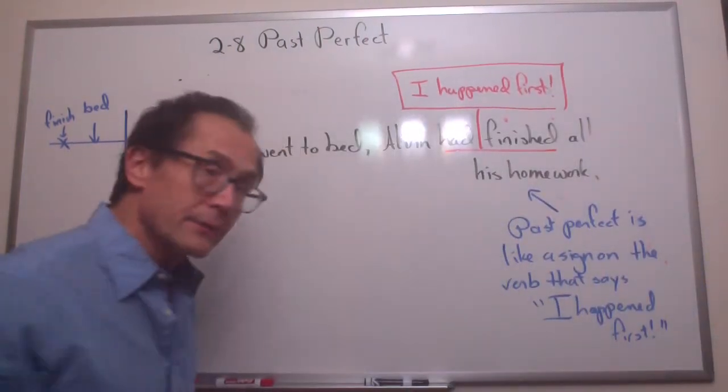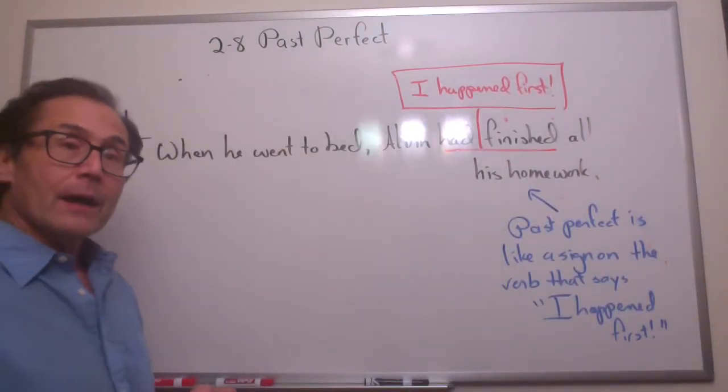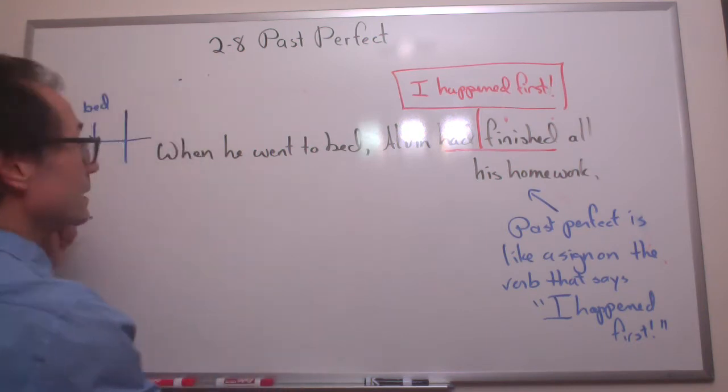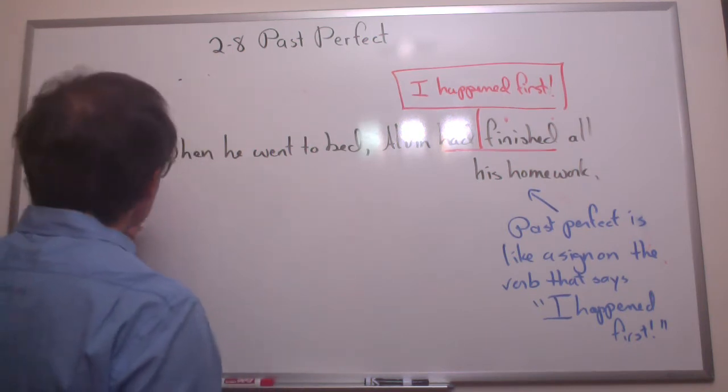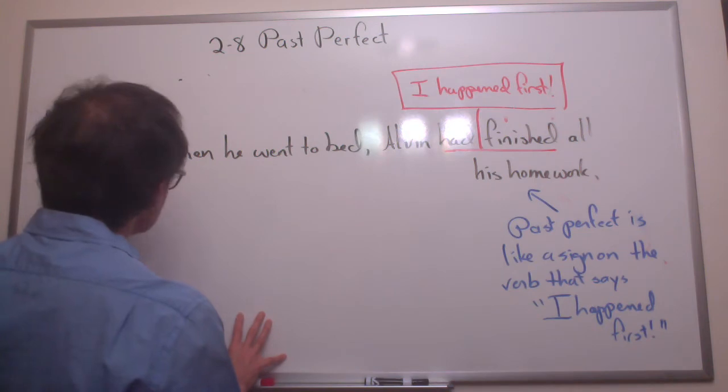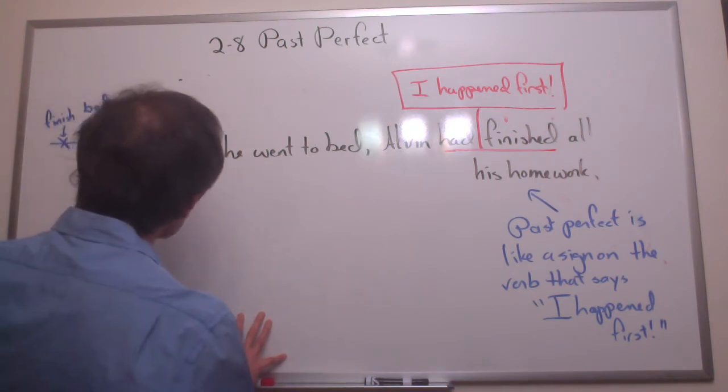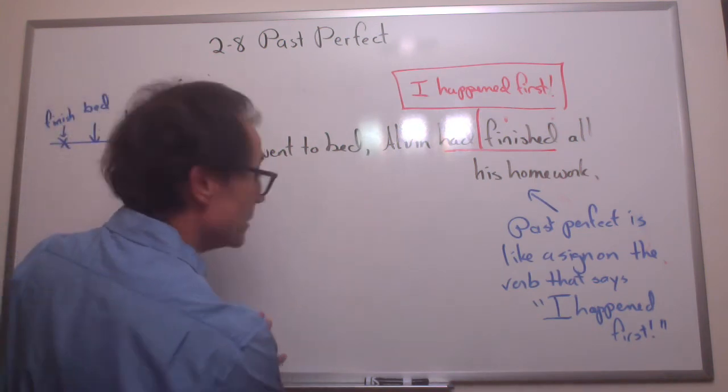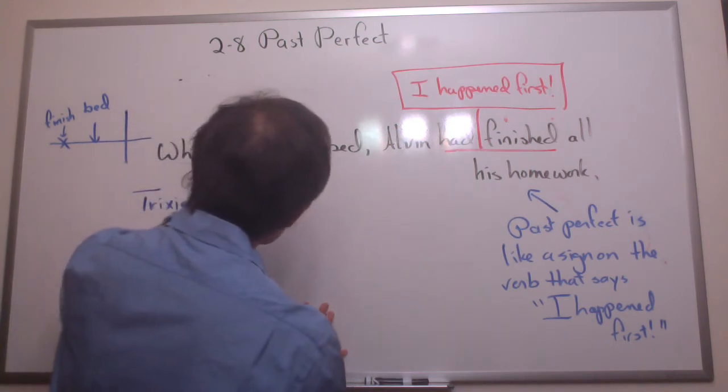So let's look at another example, okay? Let's see here. So Trixie, is a woman's name, by the way, had eaten dinner.